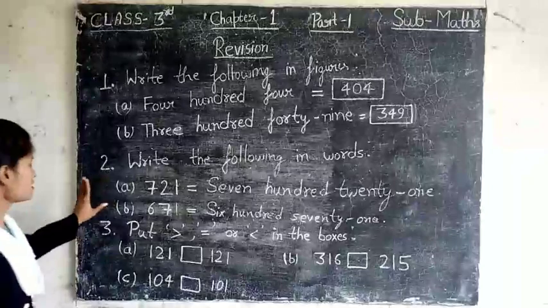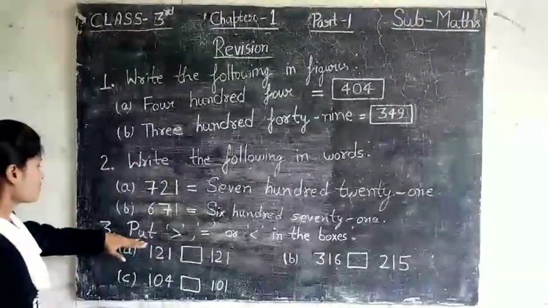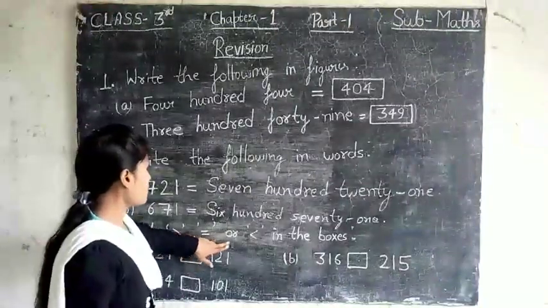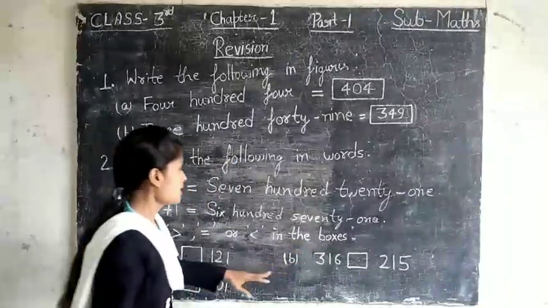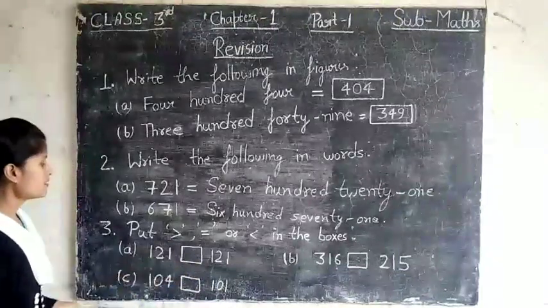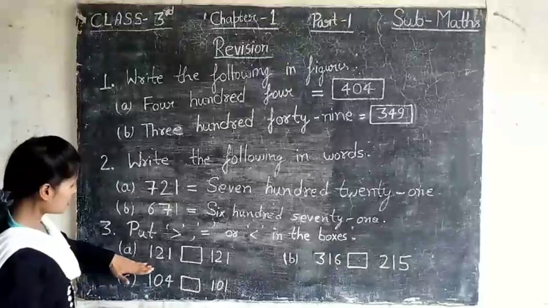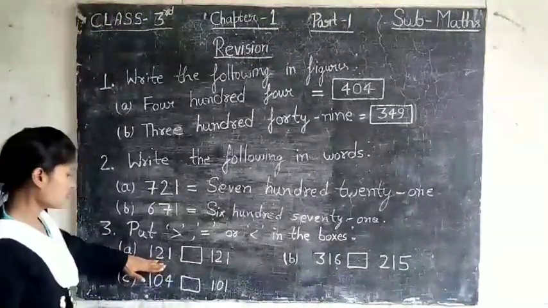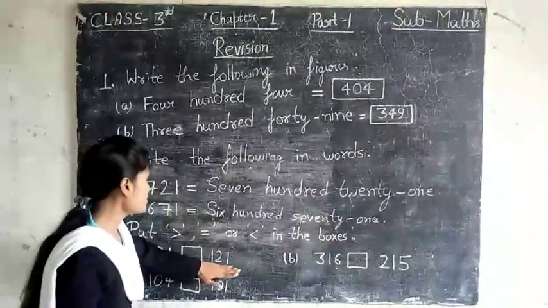Now the third question of the division part is put greater than symbol, equal symbol or less than symbol in the boxes. The box is here and before and after the boxes some numbers are given. After comparing we write the symbol here. Question 1 is A, 121 box 121.